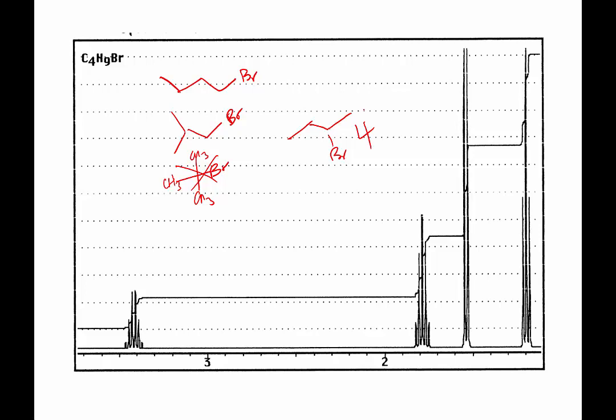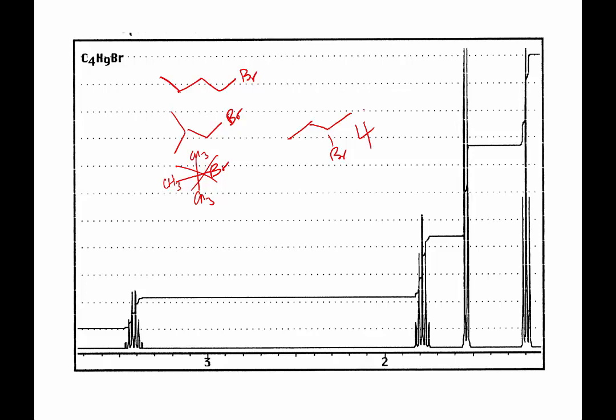How about for the N-butyl bromide? You've got a CH2, another CH2, another CH2, and a CH3. How many? Give me a number. 3?